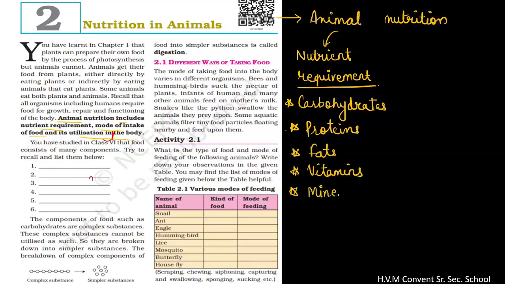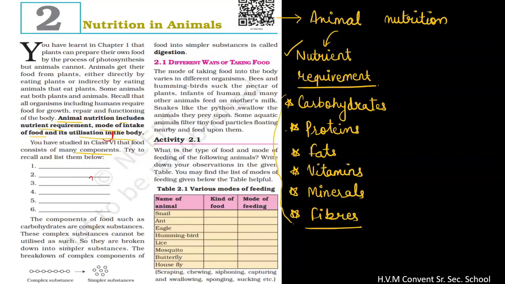And then is fiber. So these are the nutrients that we take from our food. So animal nutrition, the first term it includes was nutrient requirement. So here you will write all the components of our food that we have mentioned here. These are the components of the food that are nutrients required for animal nutrition.